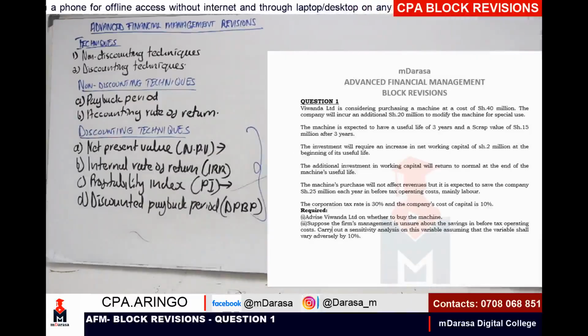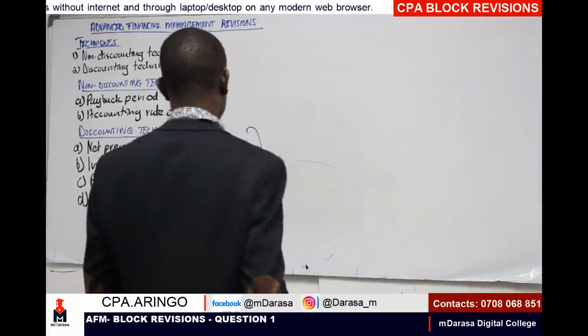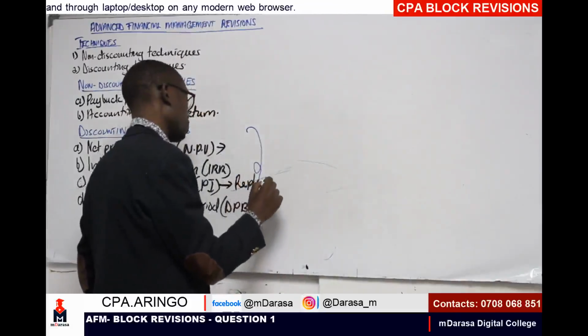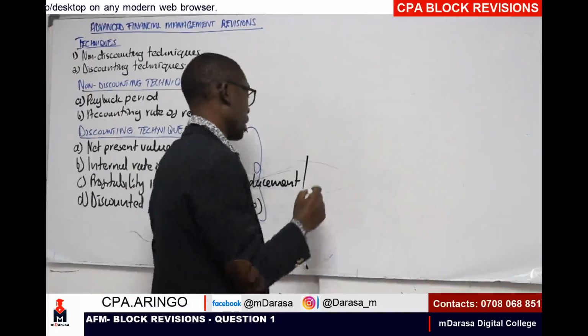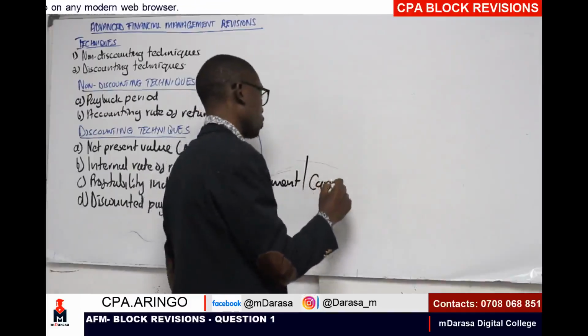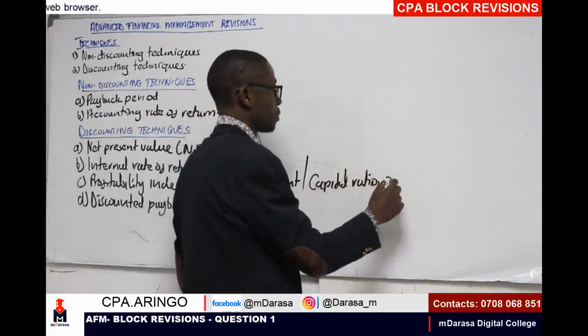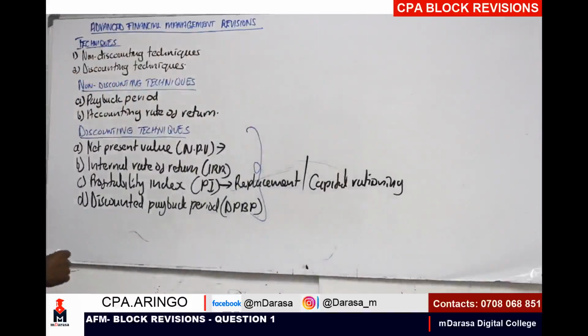These are situations where we are dealing with replacement decisions, or where I am having capital rationing. These are where we normally tend to use profitability index, PI.